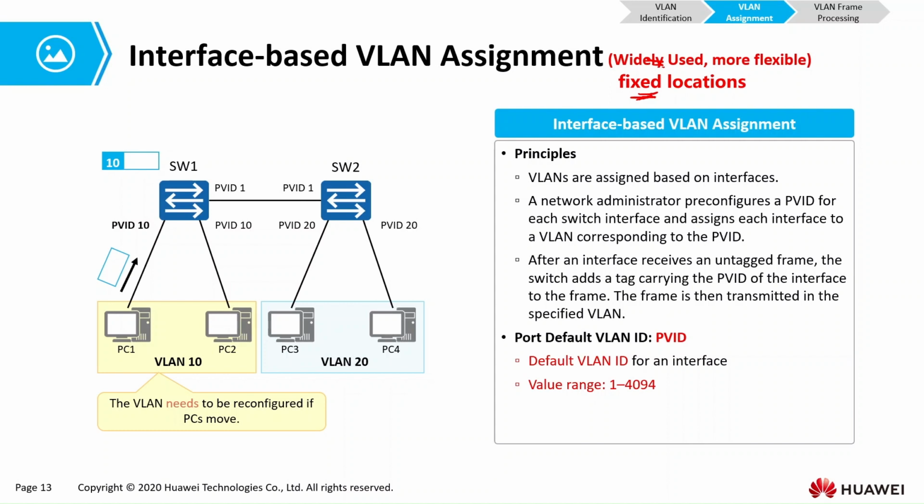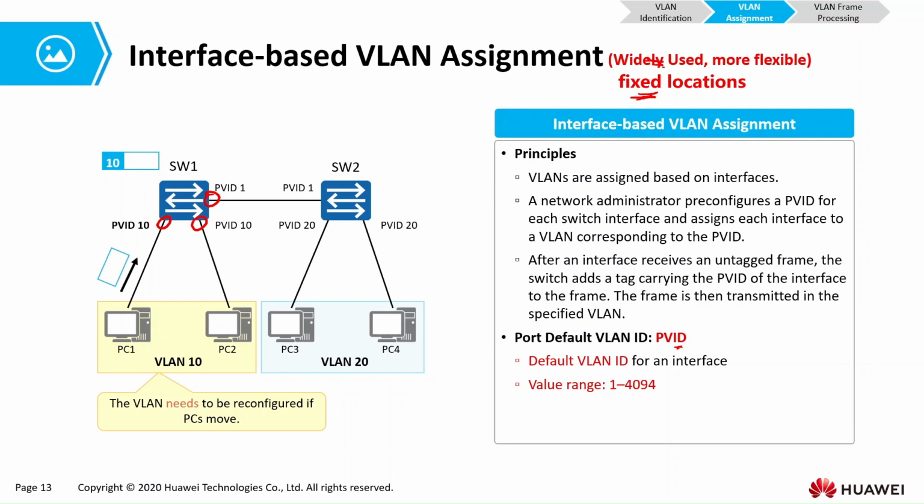You have to remember that VLAN assignment for the interface-based method is quite simple and easier to implement. Most of the time we just apply it in the industry with the assumption that all the devices will always be located in fixed locations.